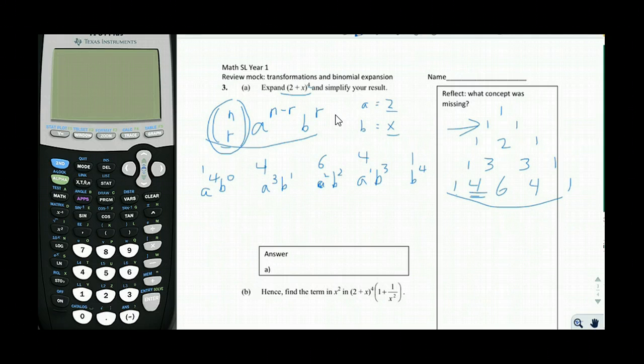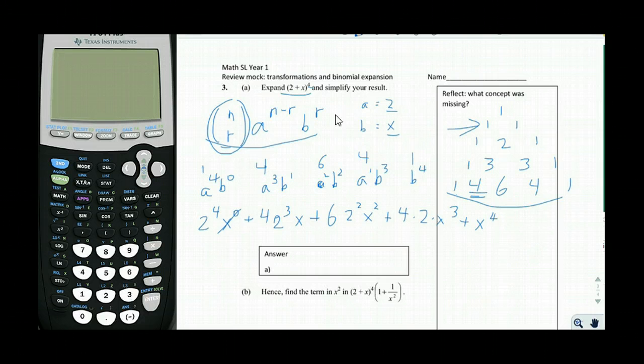So if we're going to write this out, we'll get 2 to the fourth X to the 0, which is just 1, plus 4 times 2 to the third X plus 6 times 2 squared X squared plus 4 times 2 times X cubed plus X to the fourth.